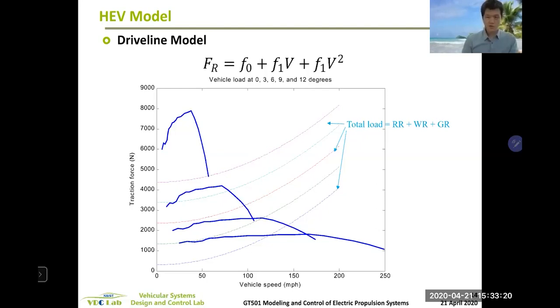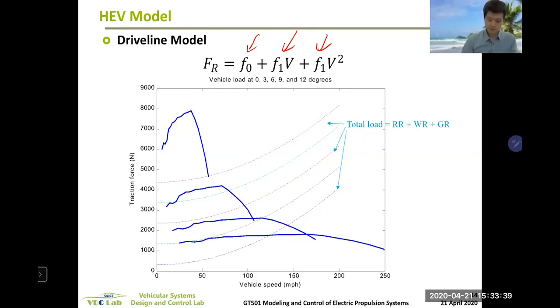And then there's a rolling resistance, or sort of viscous losses. And the combination of all of this will end up having some coefficients for each term.